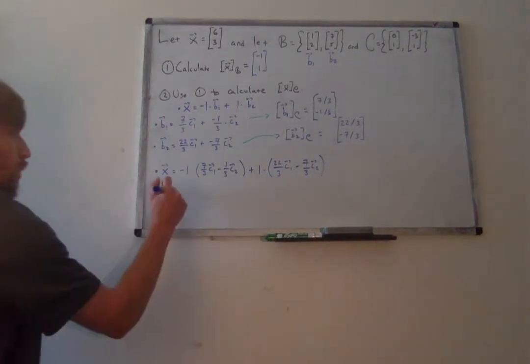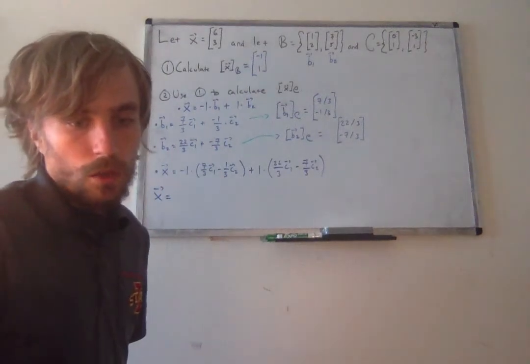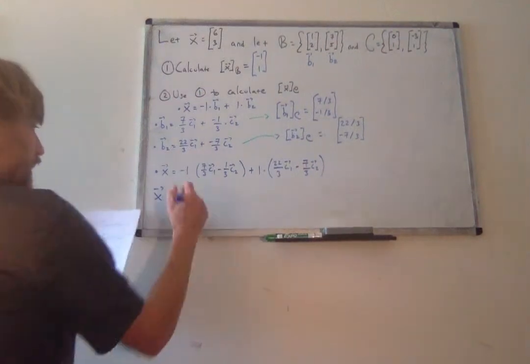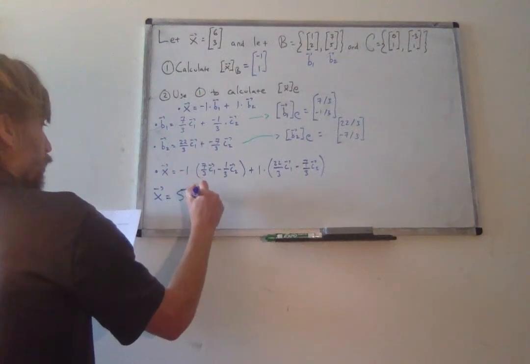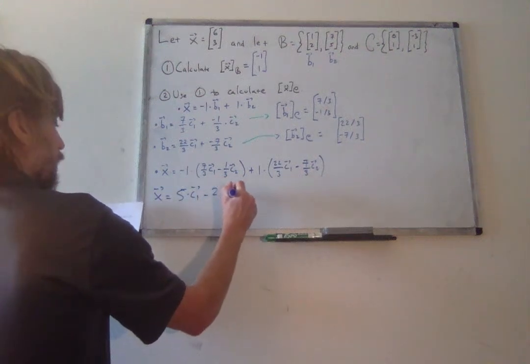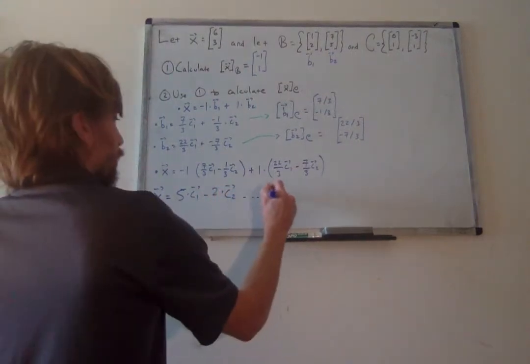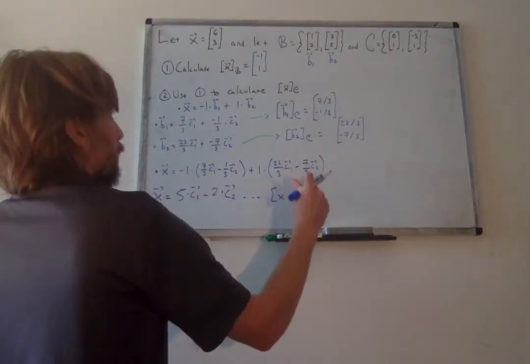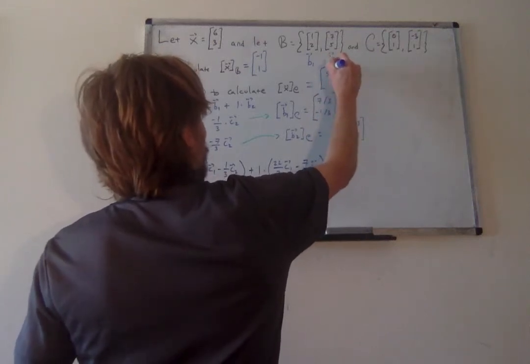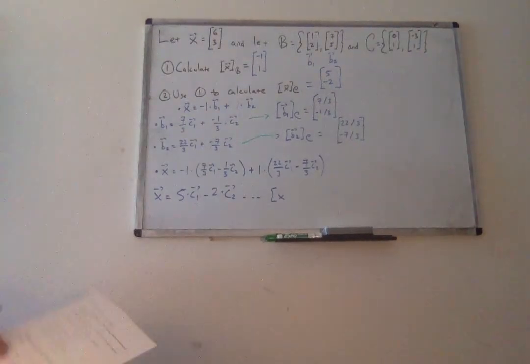Then doing a little rearranging, we get that x is equal to 5 times C1 minus 2 times C2. And this means that x sub c is equal to 5, -2.